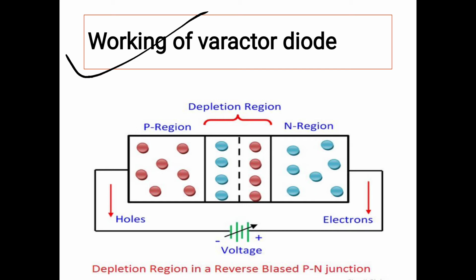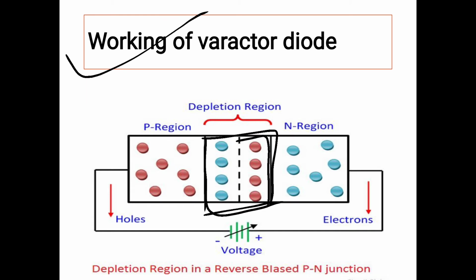A depletion region will be created due to the diffusion of the electron and hole pairs. This is the depletion region, and as we have seen in the introduction part, the varactor diode is always connected in the reverse bias condition. It means that in case of reverse bias condition, the depletion region will be high.